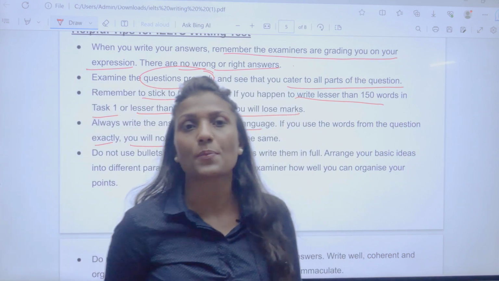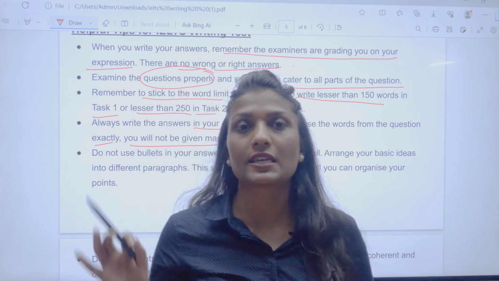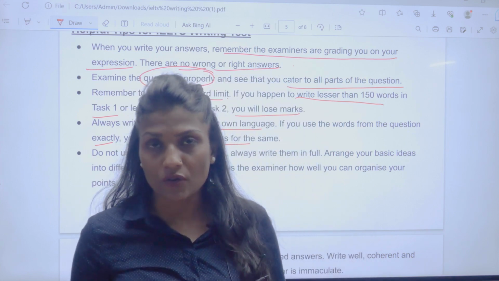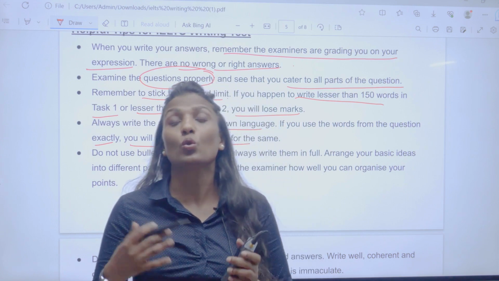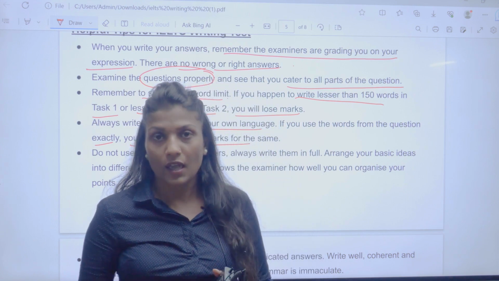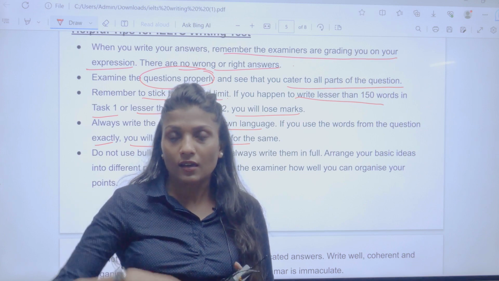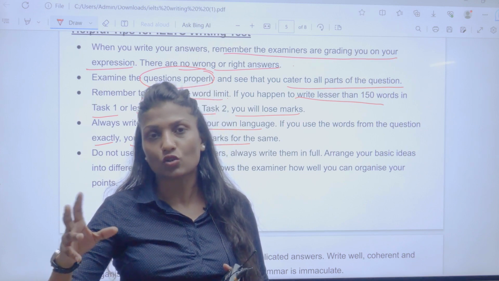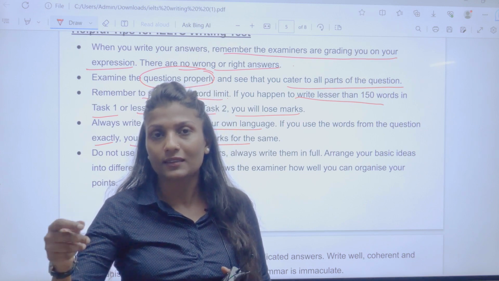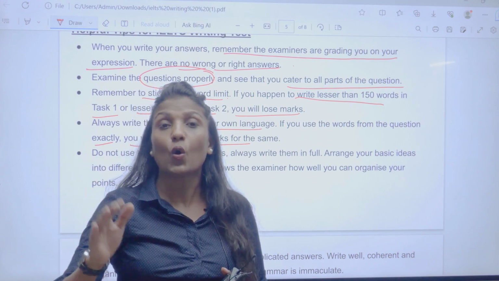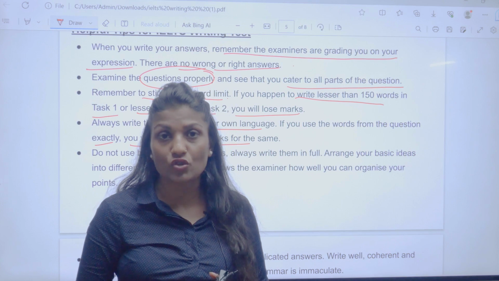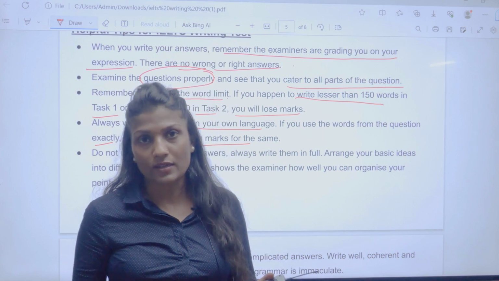So the important tip here is whether you are attempting the academic test or general training test, you need to learn to paraphrase. Okay, so the question will help you to identify the topic, but that doesn't mean that the introduction which is given or the kind of information given in the question, you will directly write down in your test.